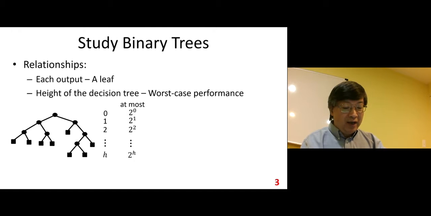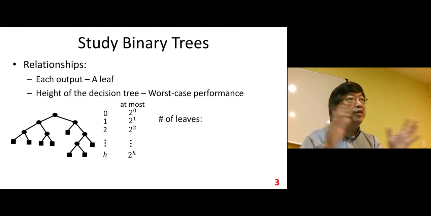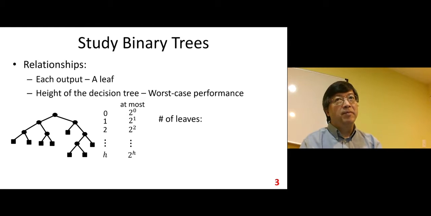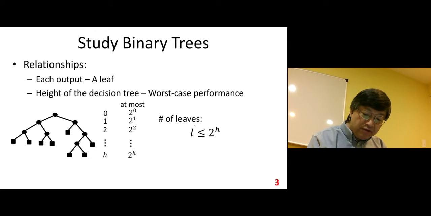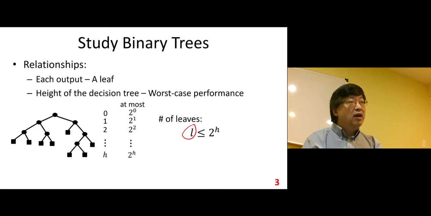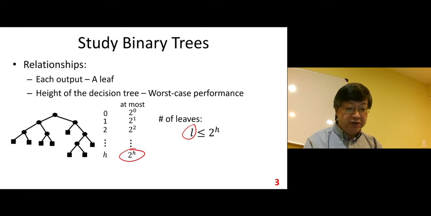All right. Next, let us look at the number of leaves in the decision tree. Can we estimate that number? Our estimate is that the number of leaves, little l, is less than or equal to the number of nodes at level H. Why is that?